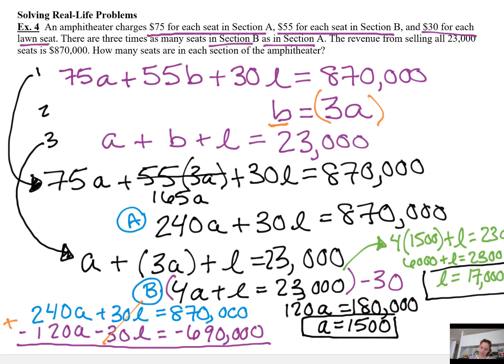And now finally, I'm left with the seats in Section B. I am definitely going to choose the original equation number 3, because just adding everything up, I have A, I know that is 1,500, plus B, don't know that, plus L, 17,000, equals 23,000.